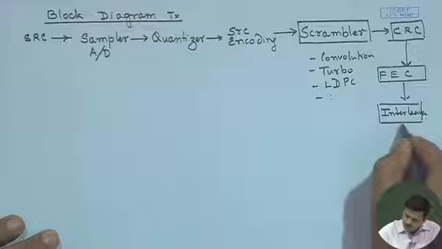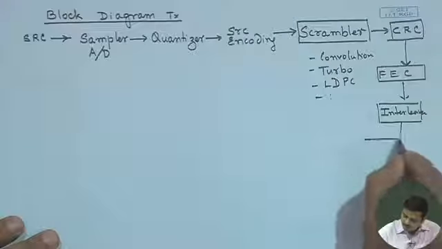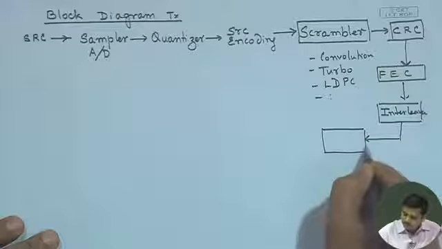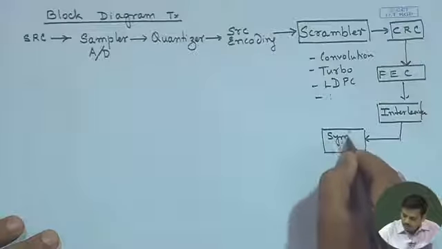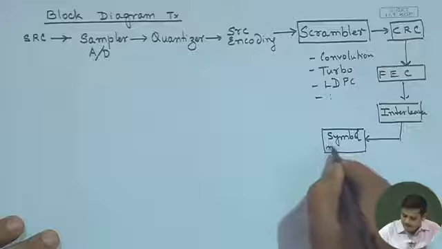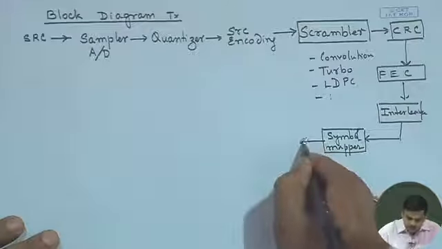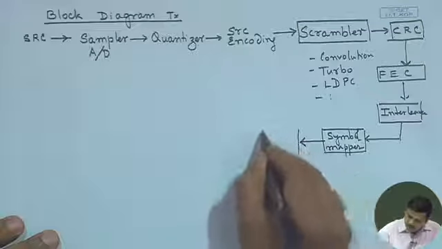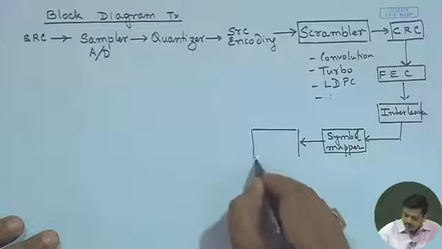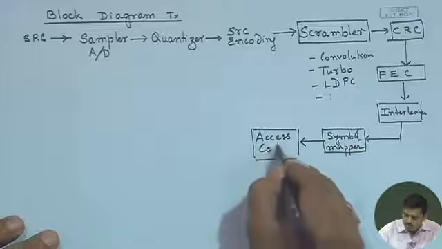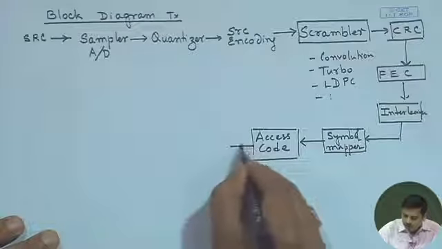After the interleaver, you are going to have the block which will be the symbol mapper. From the symbol mapper, you may add an access code, optional, depends upon a particular link.